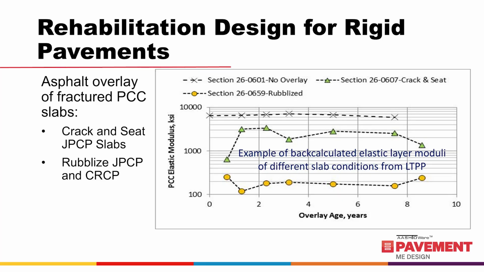The back-calculated elastic layer modulus is between 6 to 6.4 million psi many years after original construction of the JPCP, prior to overlay. Use of the 28-day modulus of rupture and 28-day modulus of elasticity would result in incompatible inputs for the PCC slab.